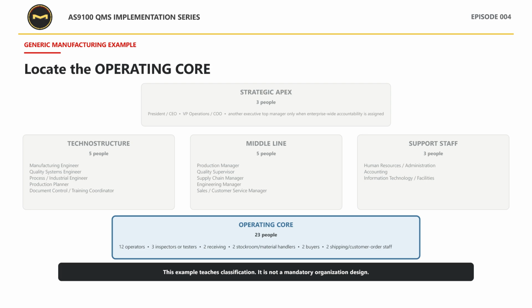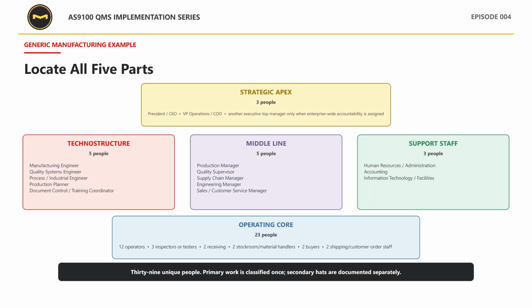Here that includes operators, inspectors, and testers, receiving, stockroom and material handlers, buyers, and shipping or customer order staff. When all 5 categories are shown, the example still contains 39 unique people. If one person performs a secondary role, record that additional hat separately. Do not count the same individual twice.